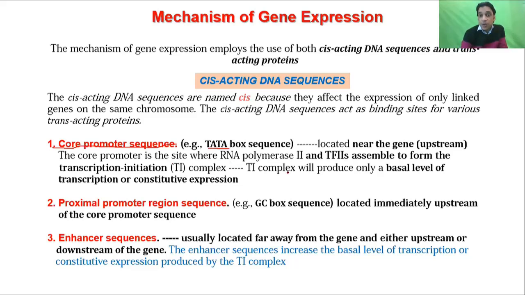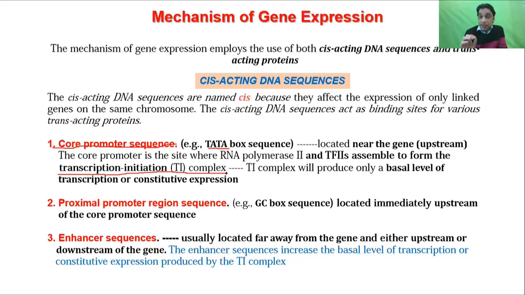This is the place where TF2s, meaning transcription factors, and RNA polymerase actually bind and connect with the DNA. And whatever structure they create is called the TI complex, or transcription initiation complex.